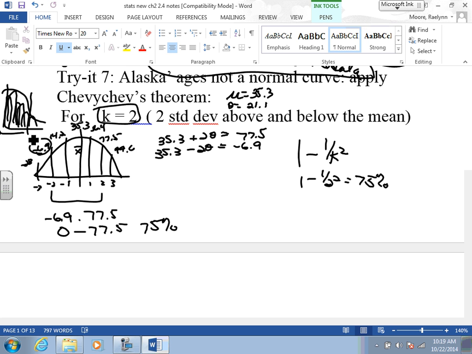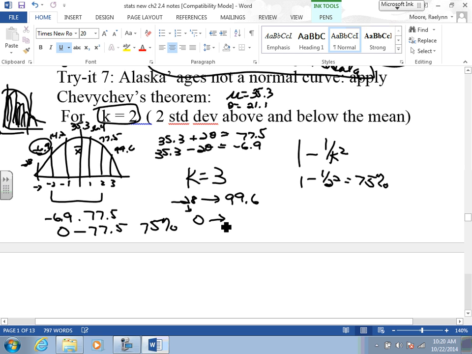So what if I said, how much data did he cover with 3 standard deviations away from his mean? Nick? Negative 28 to 98.6. So you would say negative 28 to 99.6, so we're going to adjust this to 0, right? Yes. And then you have to do a formula with 3.